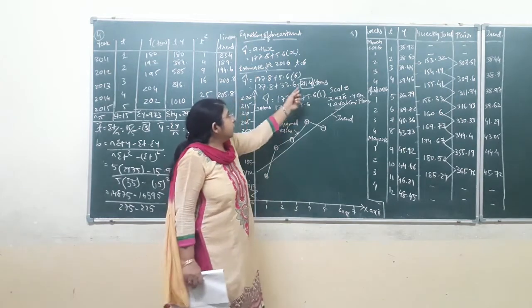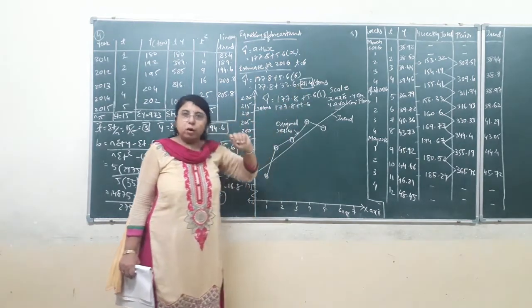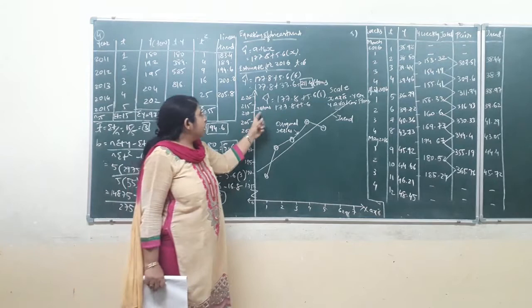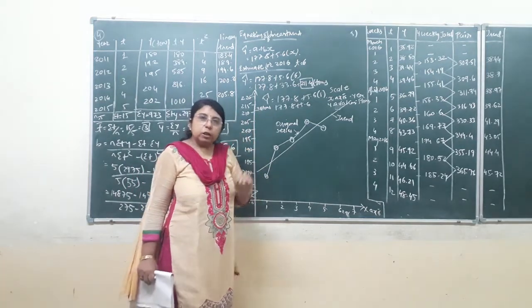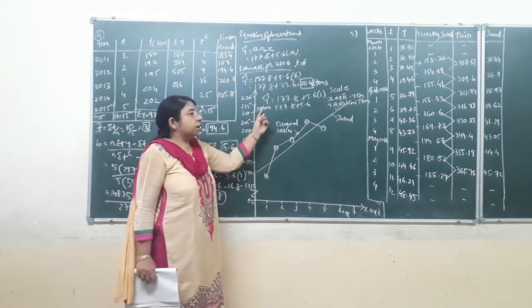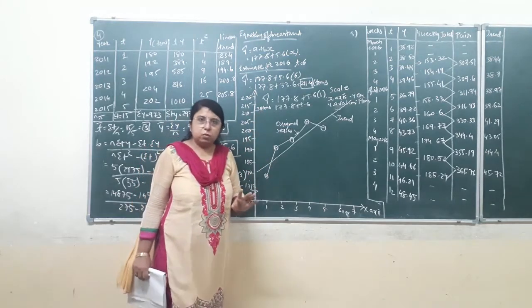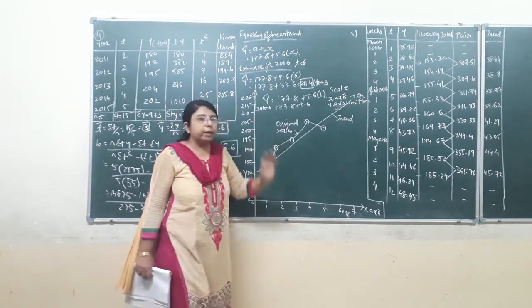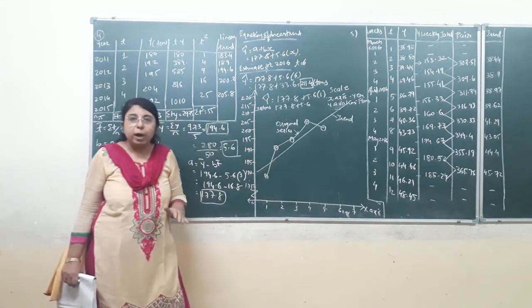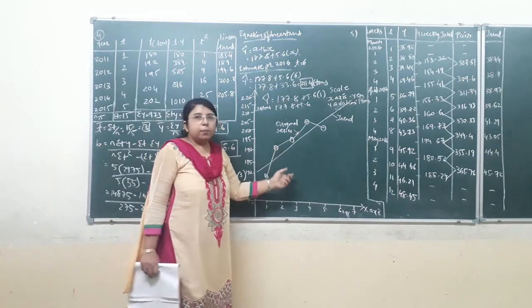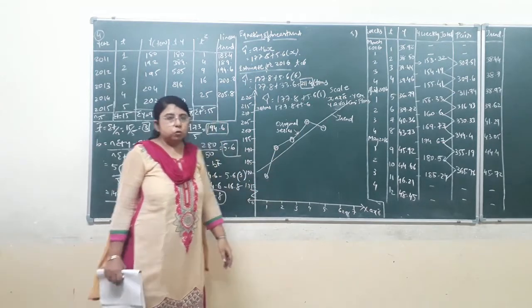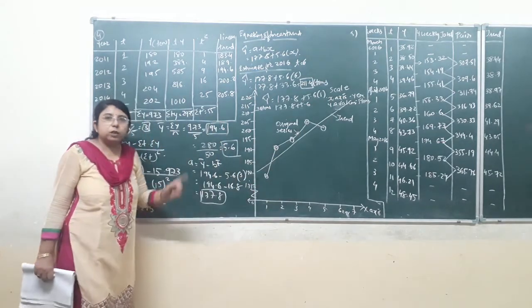The exact answer is 211.4 as per the equation, and as per the graphical representation, the estimated value of goods transported for the year 2016 is around 211 tons. You have been asked to find the estimated value of y by both methods, with the help of the equation and with the help of the graphical representation. So this is the end of the fourth sum.